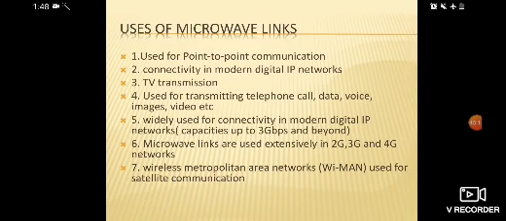For that also we use microwave links. Whenever we use satellite communications, in all those situations where we require a transmission line, we use a microwave link. So all the applications of satellite communication are the same as the microwave applications also. That is the main usage of microwave links.